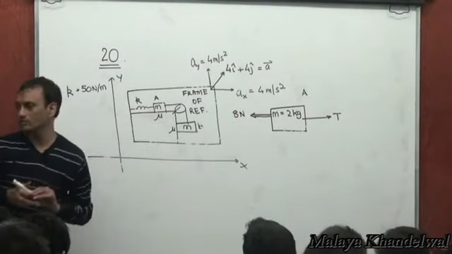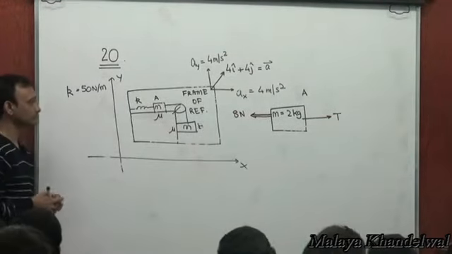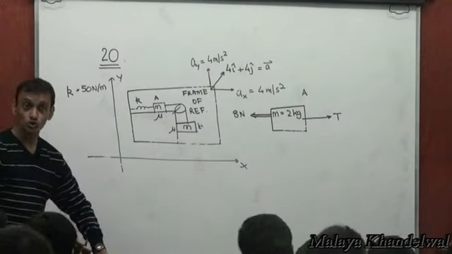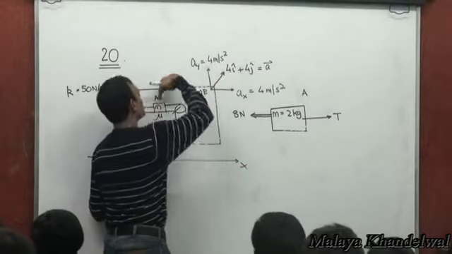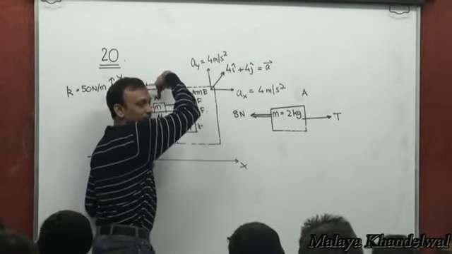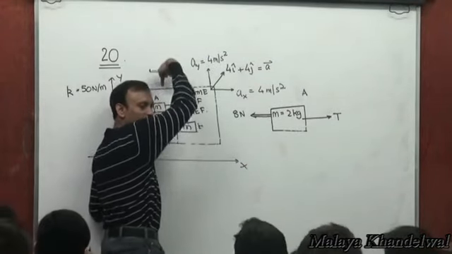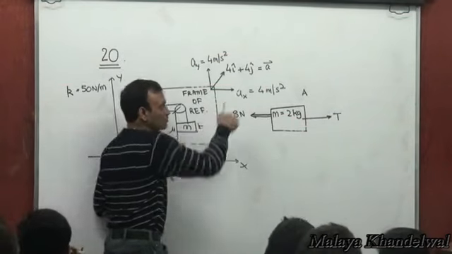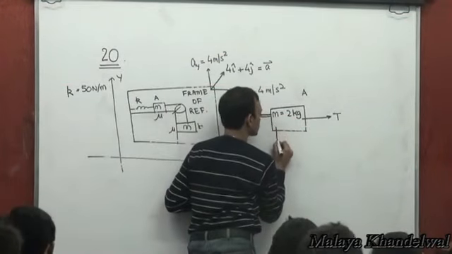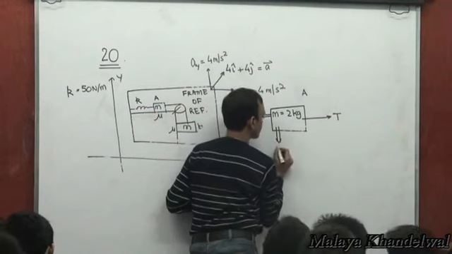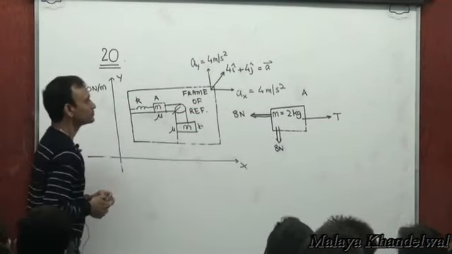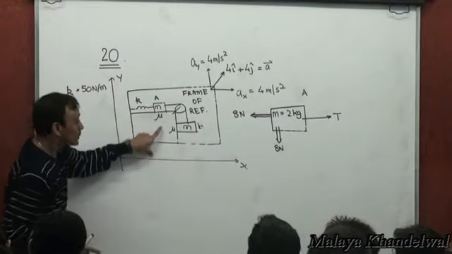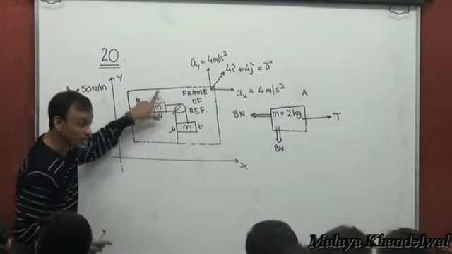Eight newtons of pseudo force acting leftwards. No spring force. Now, there is 4 meters per second squared upwards. That means 8 newtons of pseudo force acting downwards. There is 20 newtons of weight acting downwards.